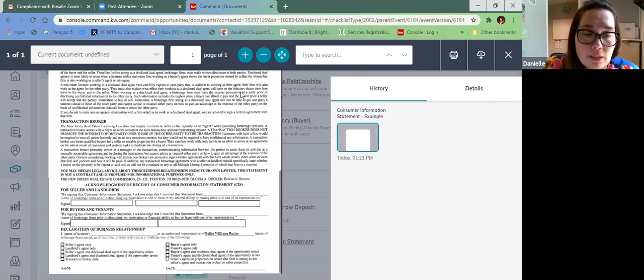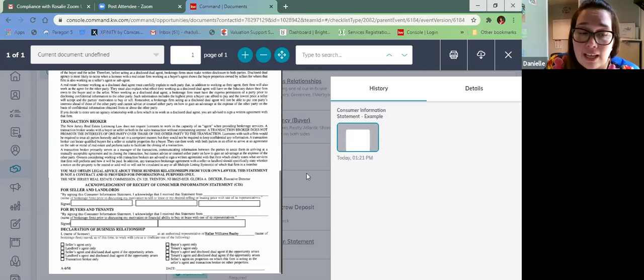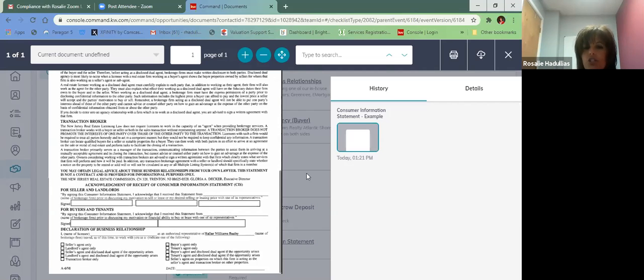With this document, I know eXp, say they have the buyer, they want us to have our seller sign their CIS. I've seen that. This is the NAJOR one too, I think, but NAJOR has another one. And we do have it in DocuSign.